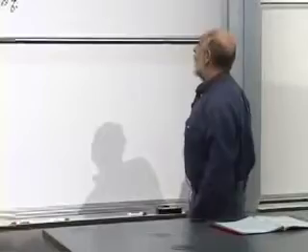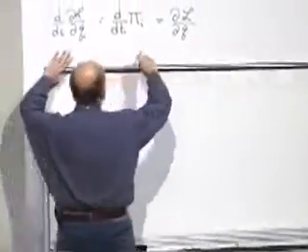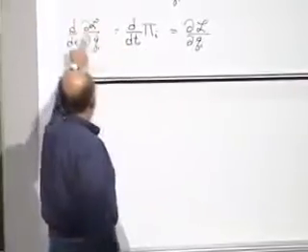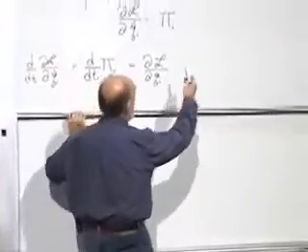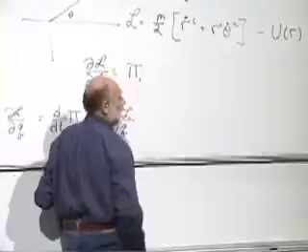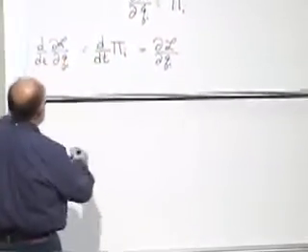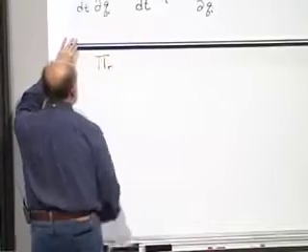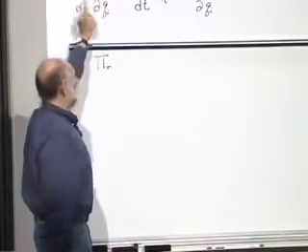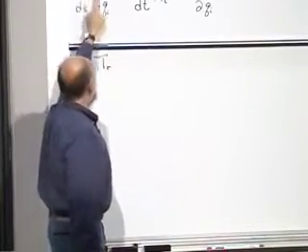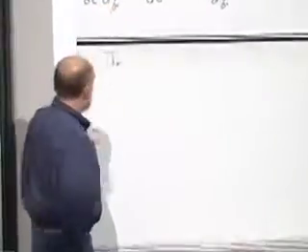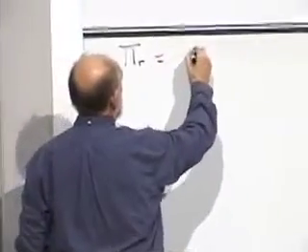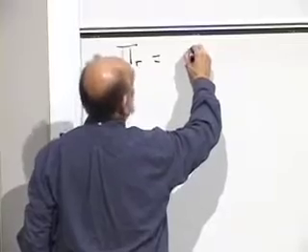So let's work that out now for the two coordinates r and theta. First r. The derivative of the Lagrangian with respect to r dot, well, r dot only occurs here. That's the only place it occurs. And so we can write that pi sub r, which is the derivative of the Lagrangian with respect to r dot, is just equal to m r dot, not one half.